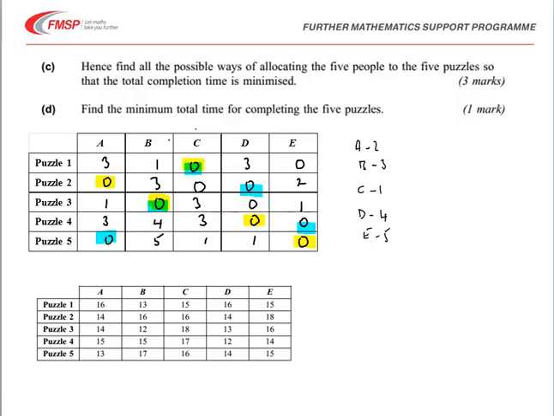Let me write that one out. So that is A doing 5, B must do 3, C doing 1, D does 2, and E does 4.